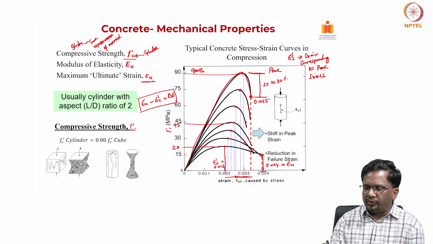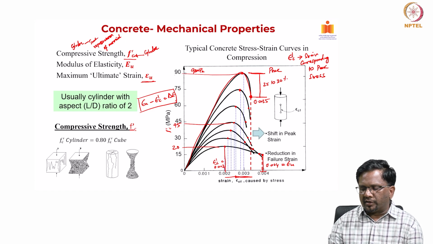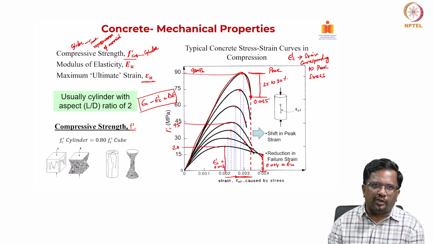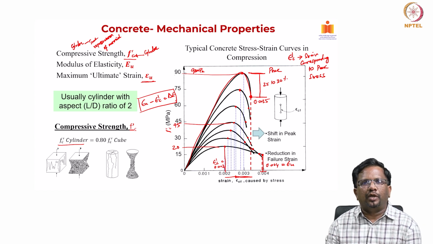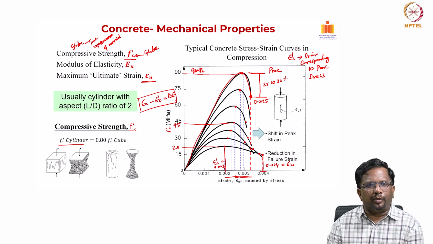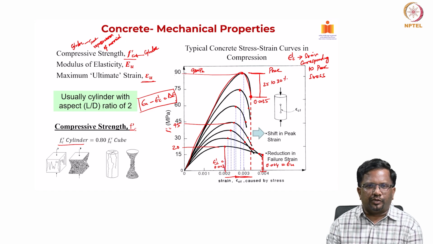Now, if you look at my previous lecture videos in advanced reinforced concrete, we have spent quite a bit of time on understanding the difference between cube strength and cylinder strength. The cylinder strength is a true material property, but due to simplicity, we start using 6-inch cubes, which is a 150 mm cube, for determining the concrete compressive strength.